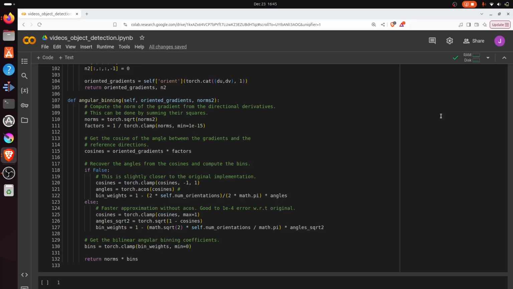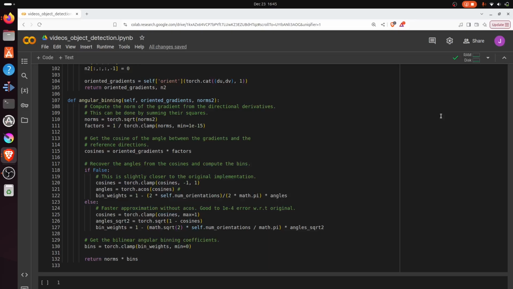The magnitude of this 30-degree gradient is going to be distributed between the 40-degree bin and the 0-degree bin, and of course more of the magnitude will go towards the 40-degree bin, just because 30 degrees is closer to 40 than to 0 degrees.